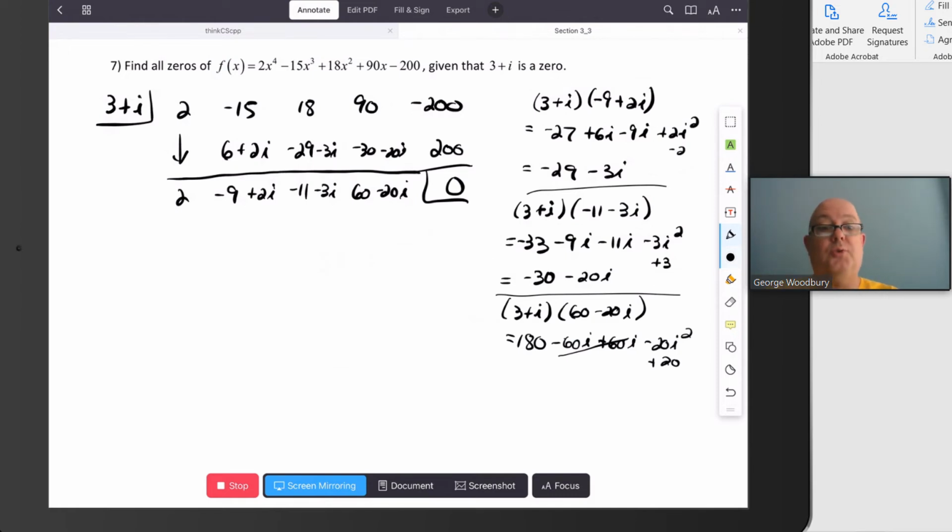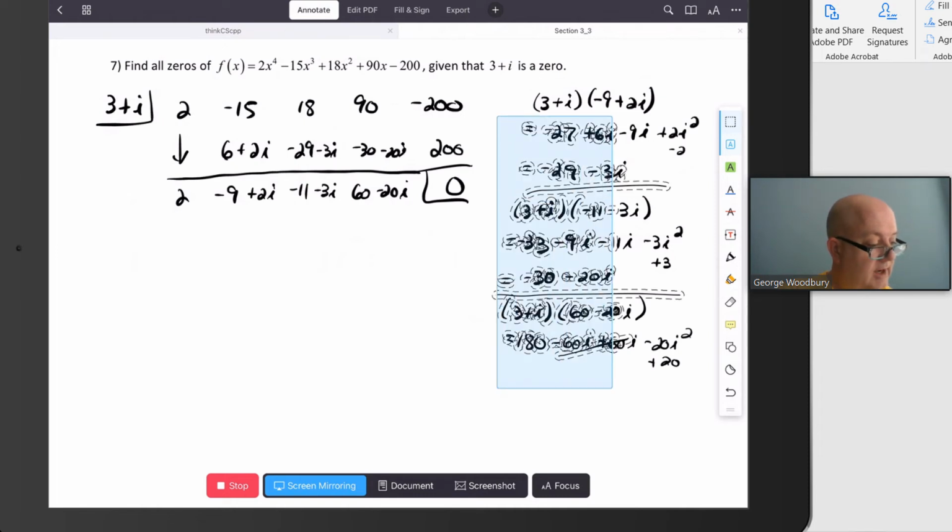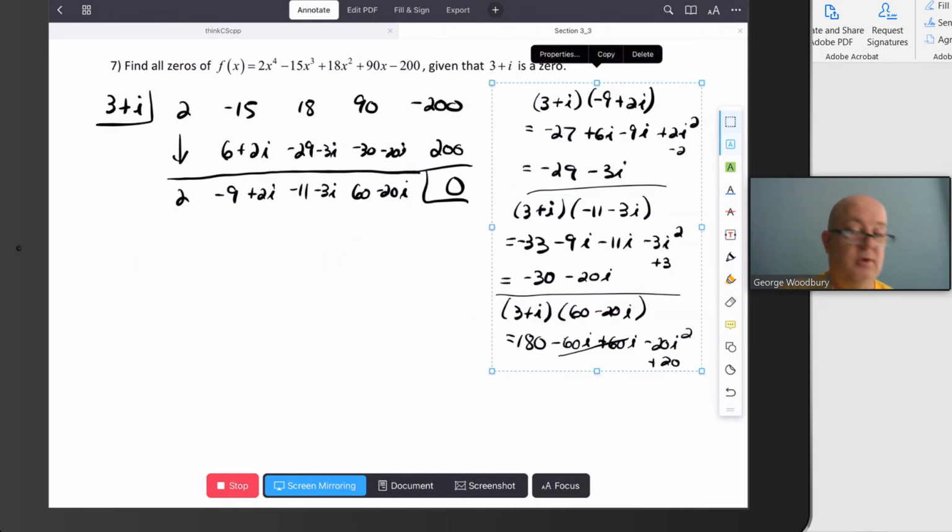And now I've got it down to a cubic polynomial. I need to do the same thing now with 3 minus i. So first thing I'm going to do is clear up some room. If you need any of this, just pause it and rewind to this point.